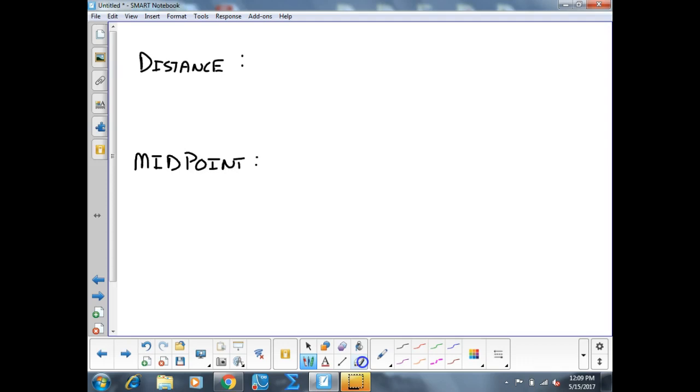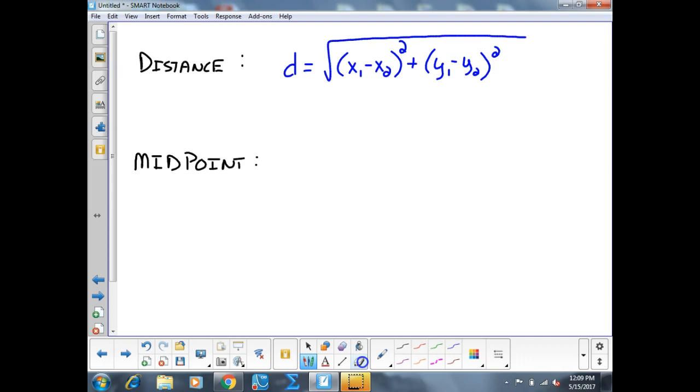The distance formula was that. The midpoint formula was that. Okay? So we got to know how to utilize those.